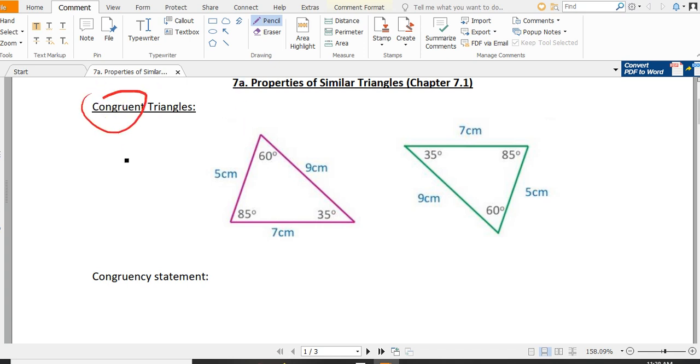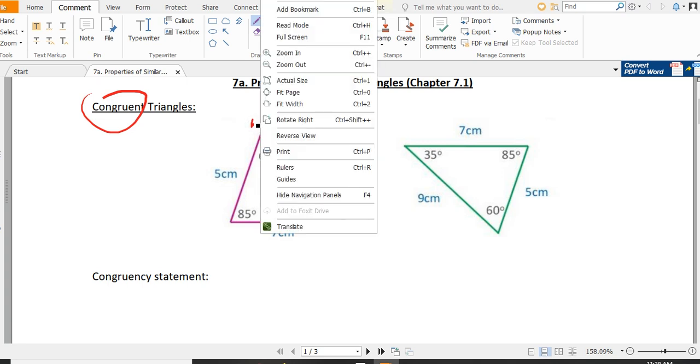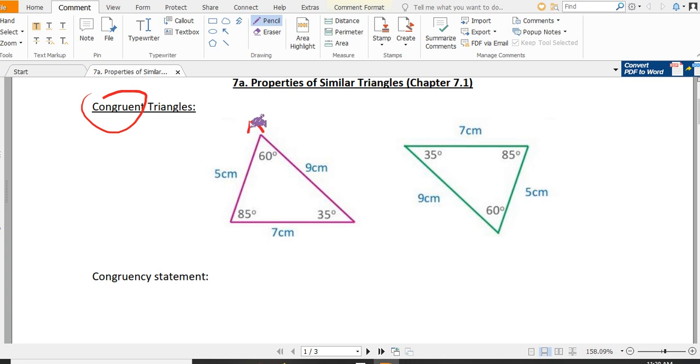Congruent just simply means the two triangles are exactly the same. So, let's call this triangle ABC, and let's call this triangle DEF. Okay? So, congruency statement.